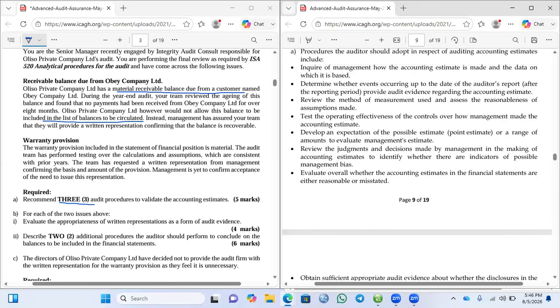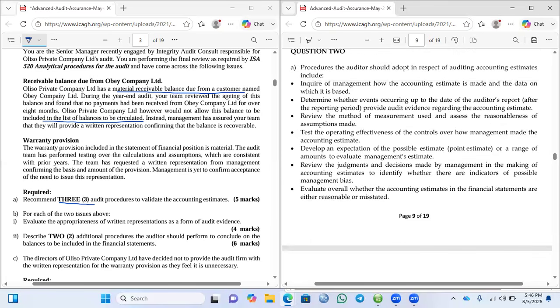So we have spoken about the data, whether the estimates are reasonable or misstated in the financial statement. The other one says review the judgment and decisions made by management in the making of the accounting estimate to identify whether there are indicators of possible bias.